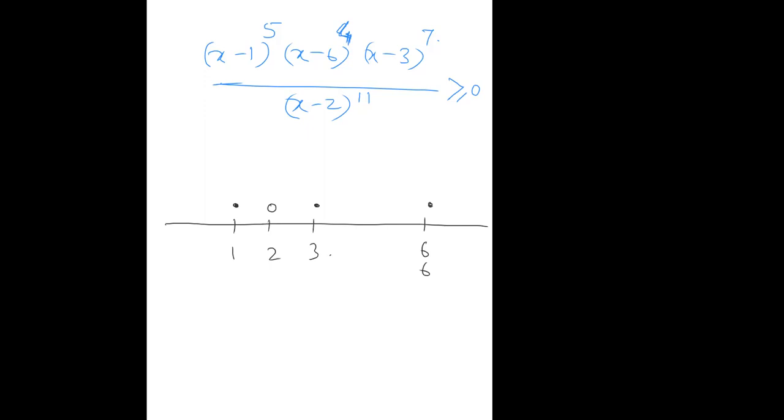Now put any value. Always start from right, and it's not necessary that it will always start with positive. In few questions it may be starting from negative, but every time you have to check. Greater than 6, it's positive, then even power stays positive, then going to negative, positive, negative. We require the positive, greater than equal to 0.